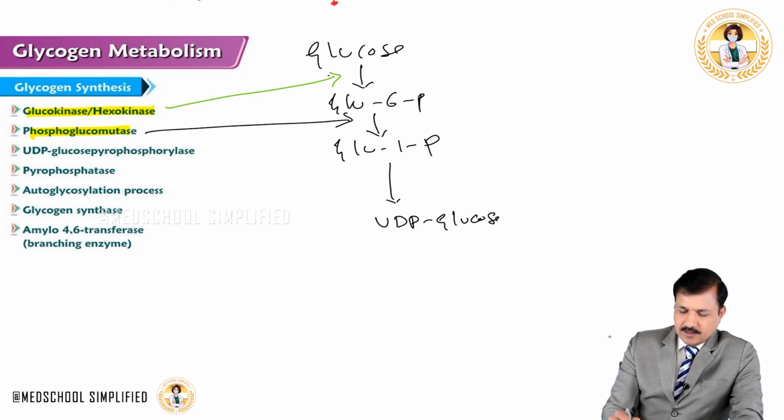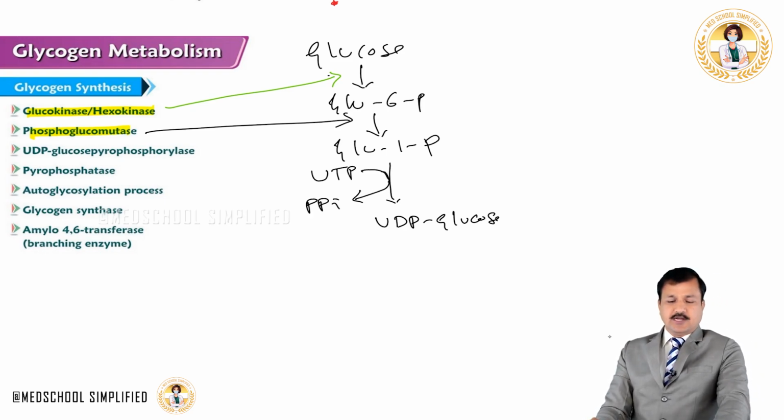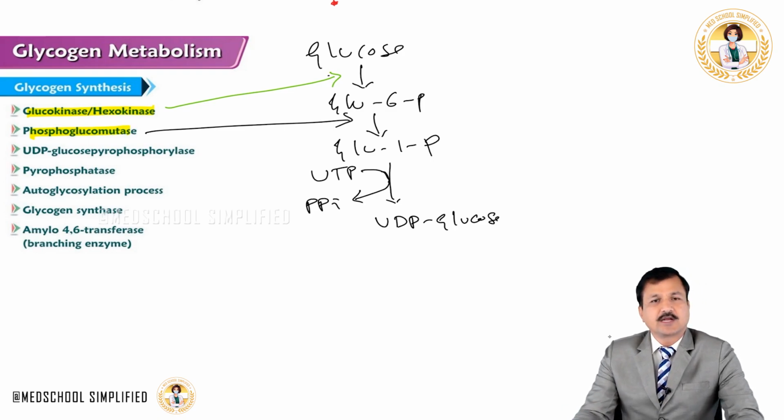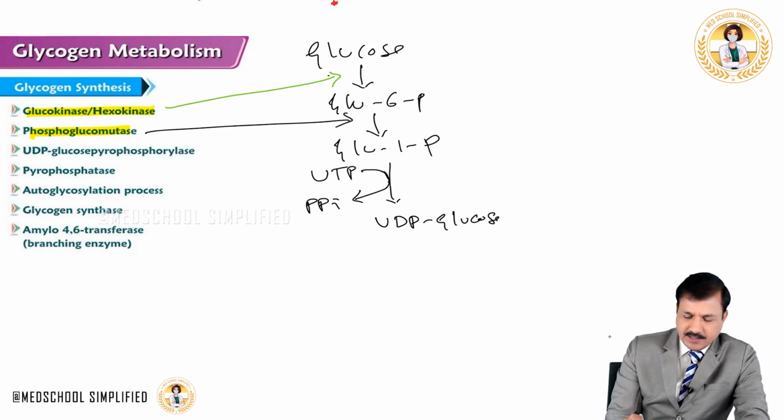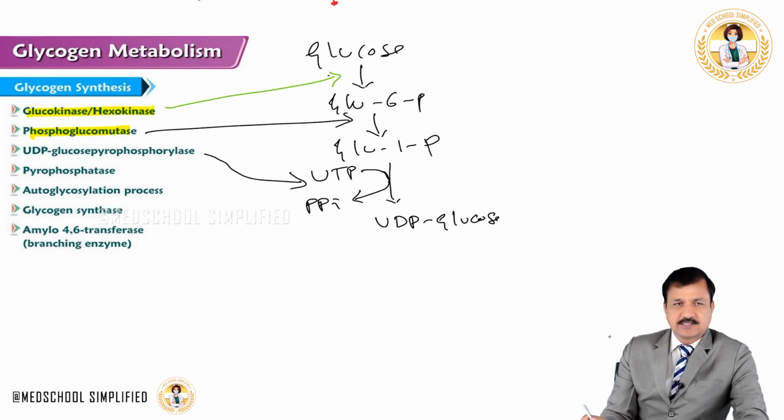During this time, uridine triphosphate, UTP, gets into the reaction and gets out of the reaction as inorganic pyrophosphate, PPi, making UDP-glucose.